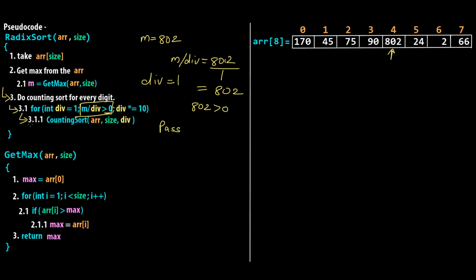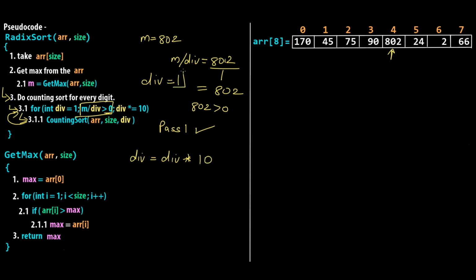Let's not consider 3.1.1 as of now. Let's assume that we've done pass 1. So pass 1 is done. Now we again come back to the for loop. Now the increment is happening as follows. It's saying div star equal to 10. What is the star equal to? Star equal to means div is equal to div star, which is multiplication, 10.